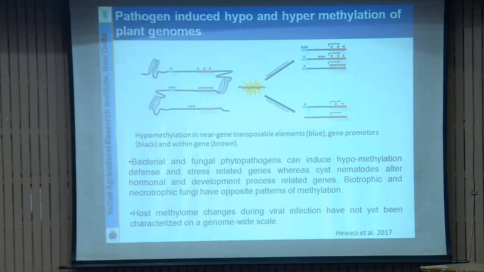In biotrophic and necrotrophic fungi, different methylation patterns have been found in the literature. In viral infection, the methylation patterns of the host have not yet been well characterized, so there are no such examples where the host methylome could be characterized.